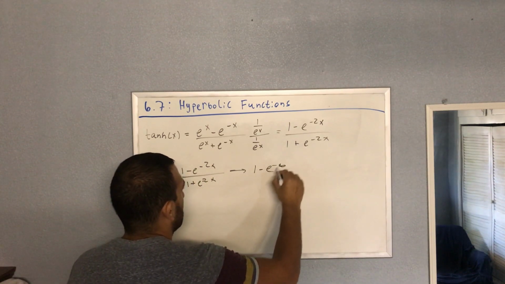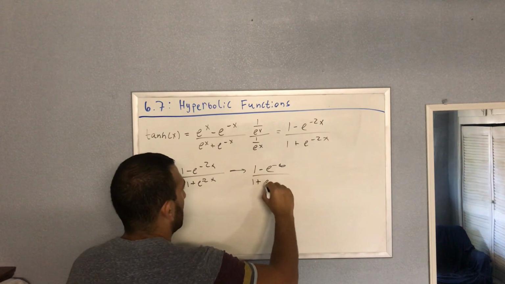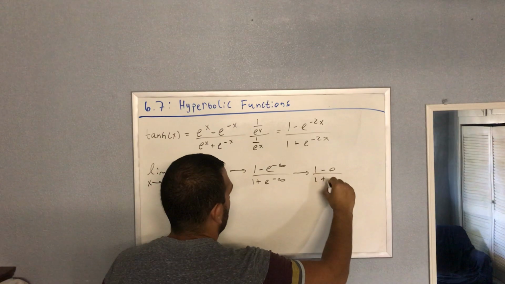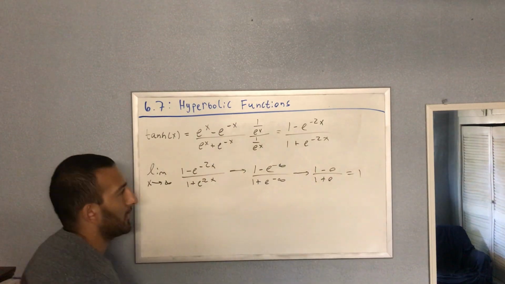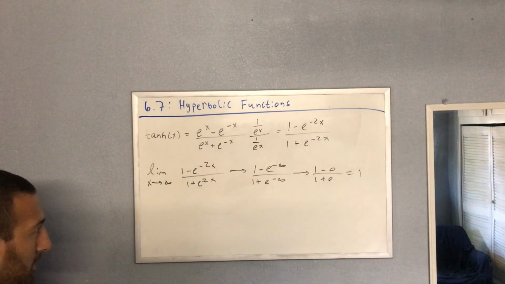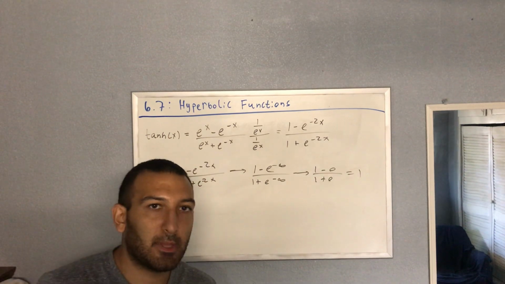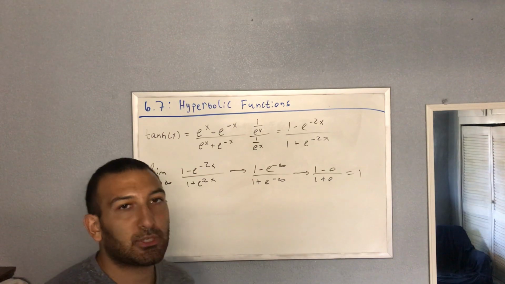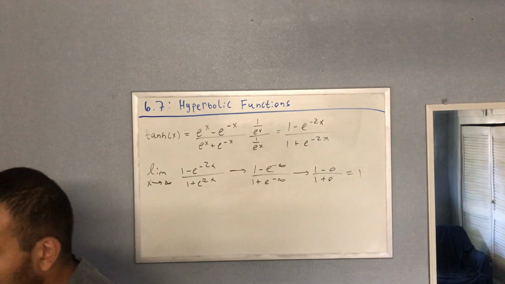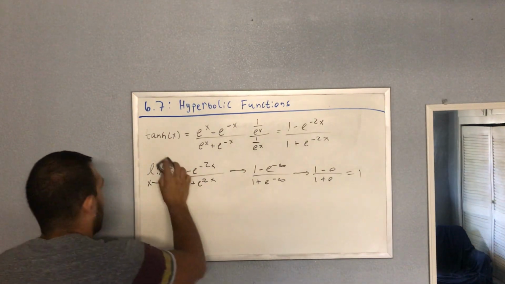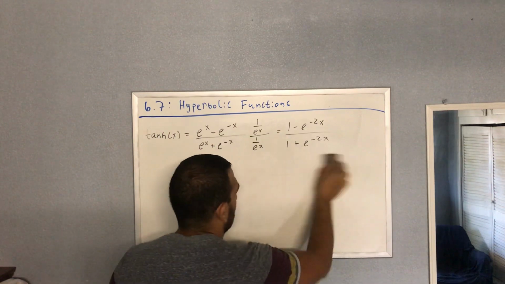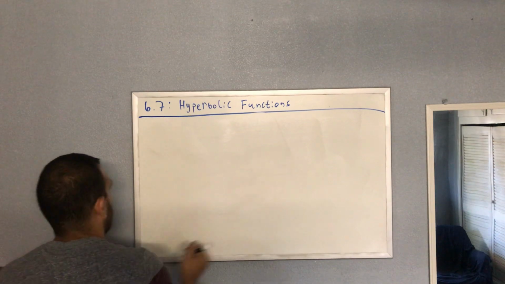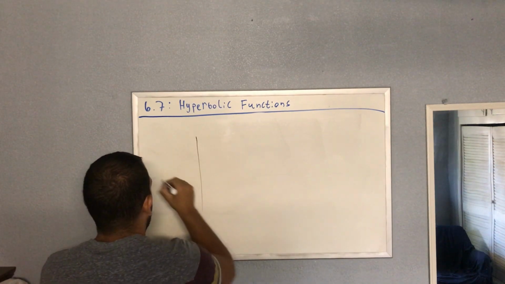This essentially approaches 0, and same thing here. So this approaches 1 minus 0 over 1 plus 0, which is 1. So this approaches 1 in the positive infinity case, and if you work it out for negative infinity, it will actually approach negative 1. So the graph looks a little bit like tangent inverse, except it has different horizontal asymptotes.